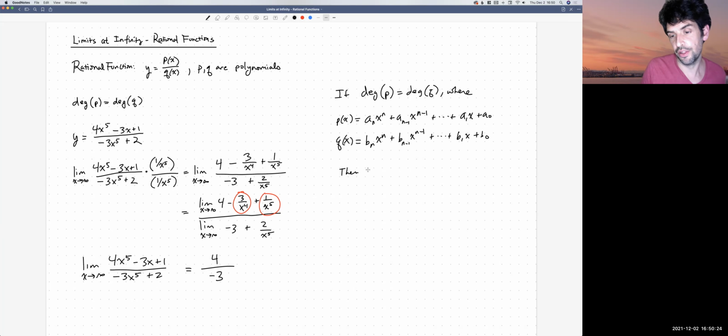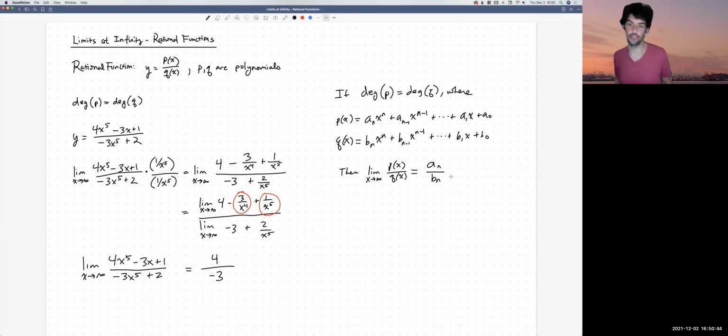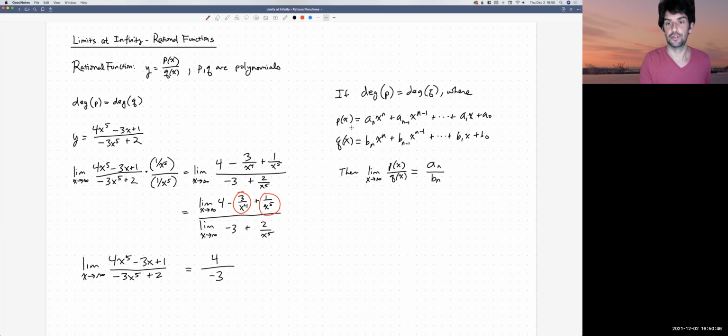Then the limit as x goes to infinity of P of X over Q of X is just going to be the ratio of the coefficients of the two leading terms, right?